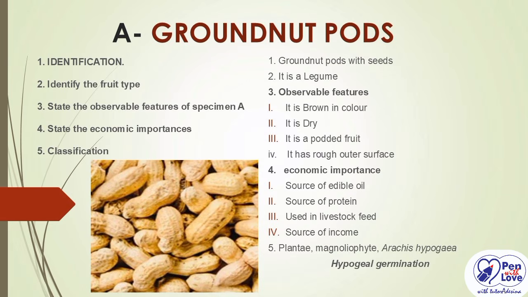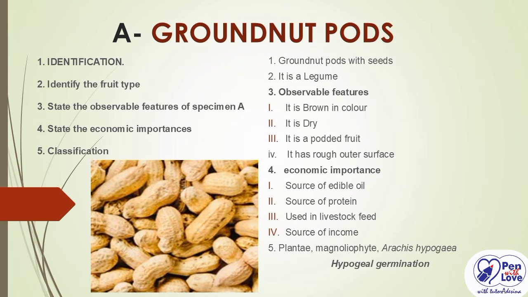So maybe the good, the bad, either positively or negatively. Now let's look at the economic importance of specimen A: source of edible oil, source of protein, used in livestock feed as a raw material, and they can also be used as a source of income.